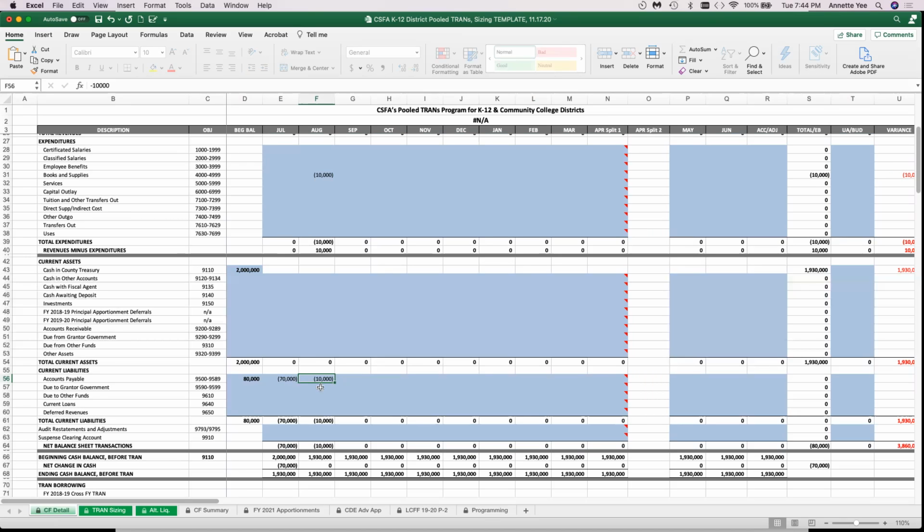But you realize that the original amount you thought you were going to owe was 80,000. So you have to clear that out and try to get the balance in column S to 0. So you put in the 70,000 that you actually paid, and that reduces your cash by that amount. So you start at 2 million and you get to 1,930,000.